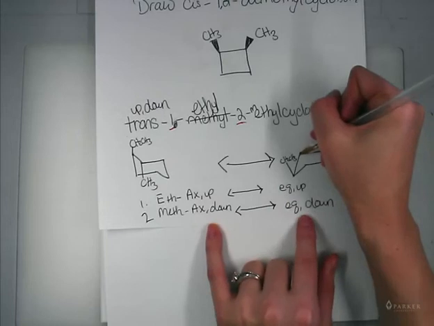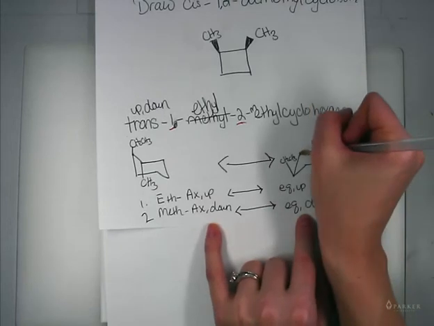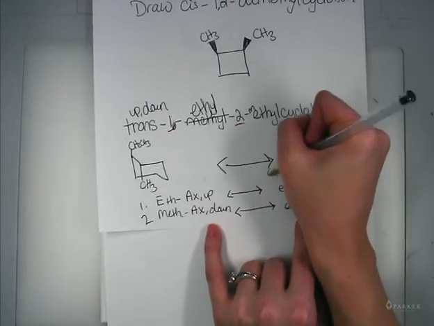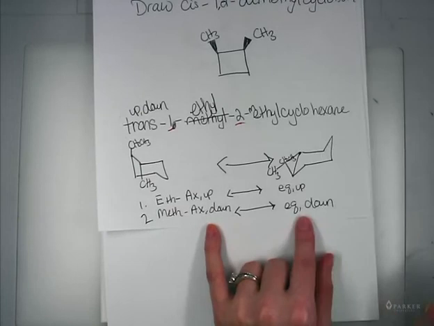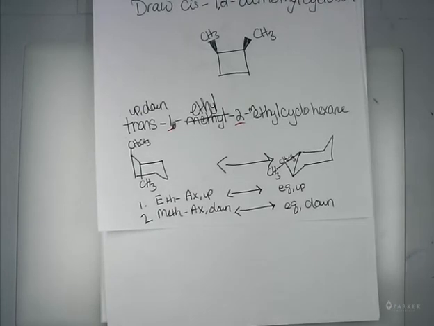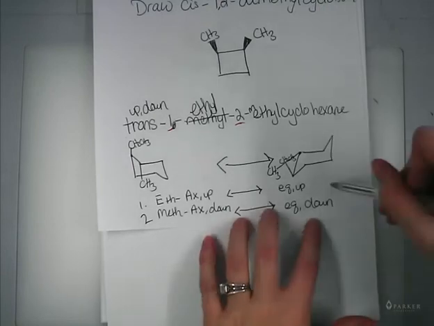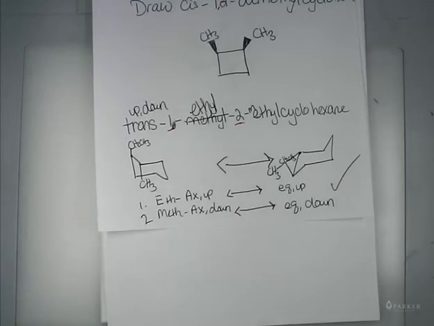Go up 1 right here. And that needs to go equatorial down. So try not to draw it too ugly. Something like that. So between the two, which one is more stable? The one on the right, because we have both equatorial. It alleviates all of the 1,3 diaxial interactions.